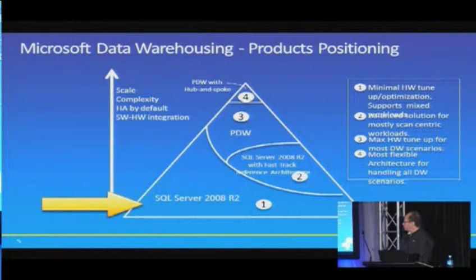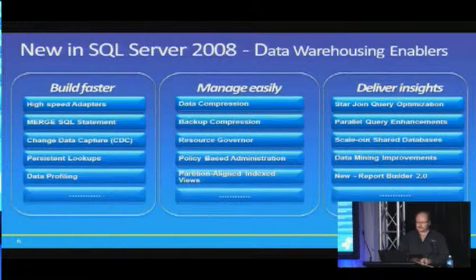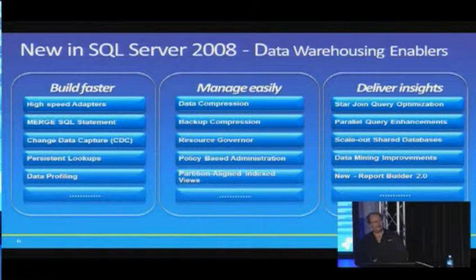So to begin with, of course, we have a very good stack around SQL Server 2008 R2, the standard product that we ship. And as you can see, we expect to cover a large portion of your needs for data warehousing. So this is a number of what we call data warehousing enablers, features that we added to the product to enable data warehousing in the business.